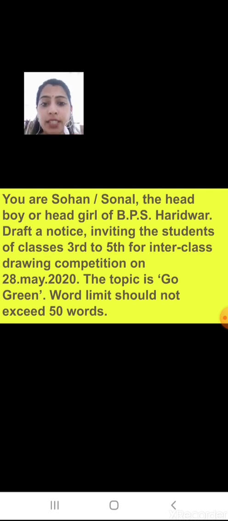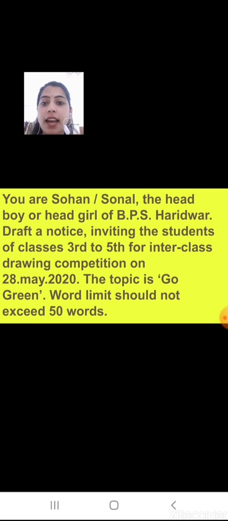Draft a notice inviting the students of classes 3rd to 5th for inter-class drawing competition on 20th May 2020. The topic is Go Green. Word limit should not exceed 50 words.